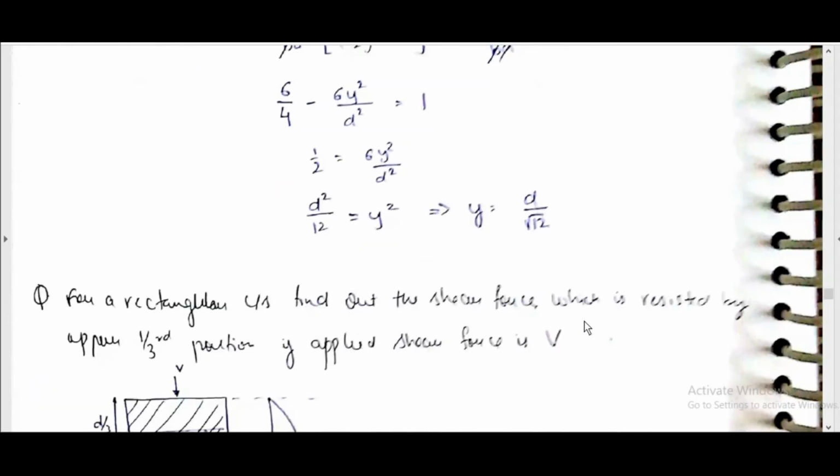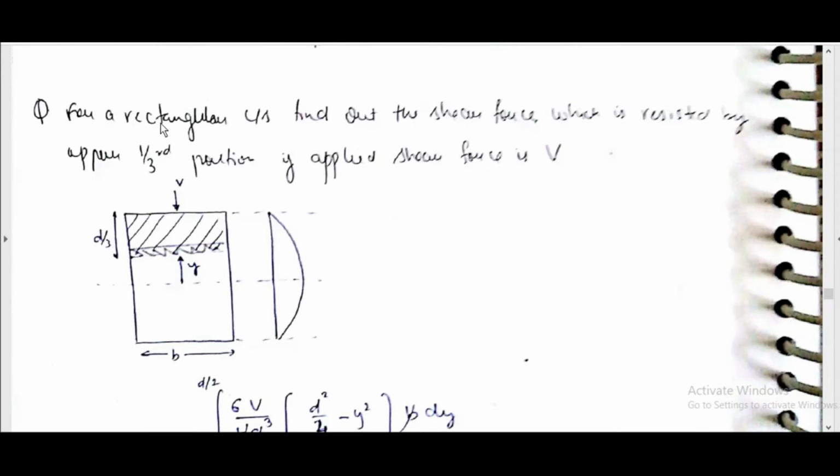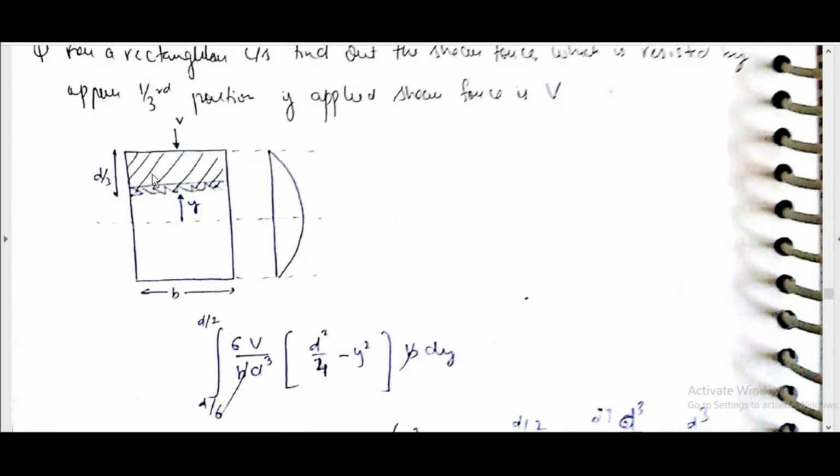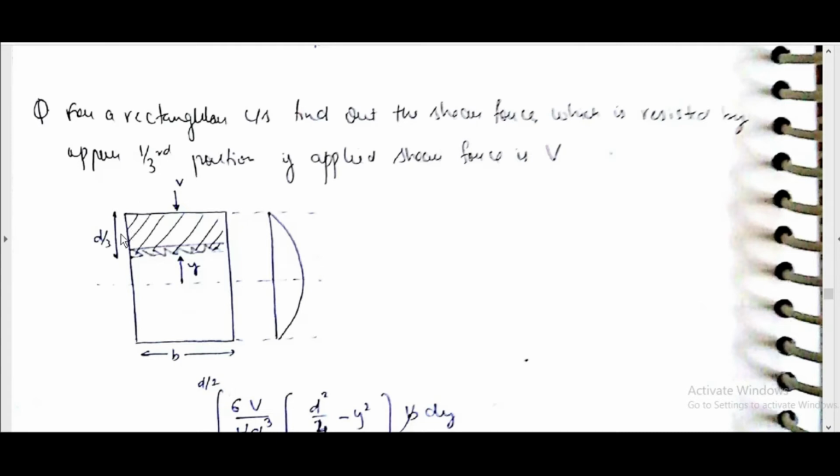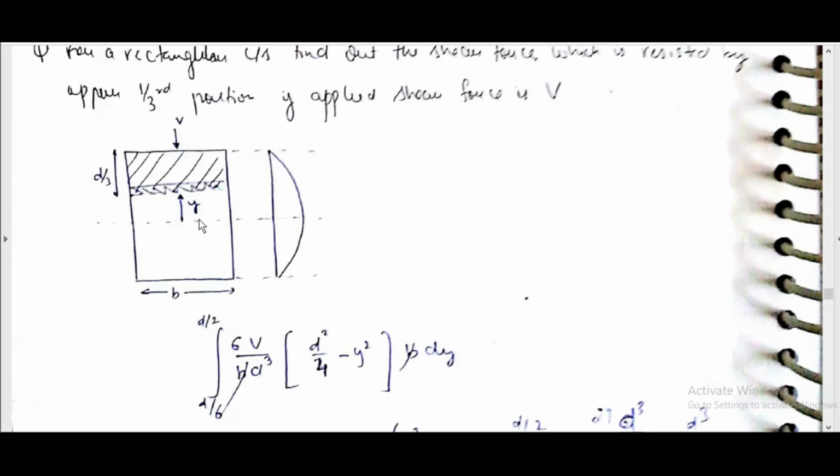For a rectangular cross section, find the shear force resisted by the upper one-third portion relative to the applied shear force V. The upper d by 3 portion is the upper one-third portion. Integrate y dy from d by 6 to d by 2.